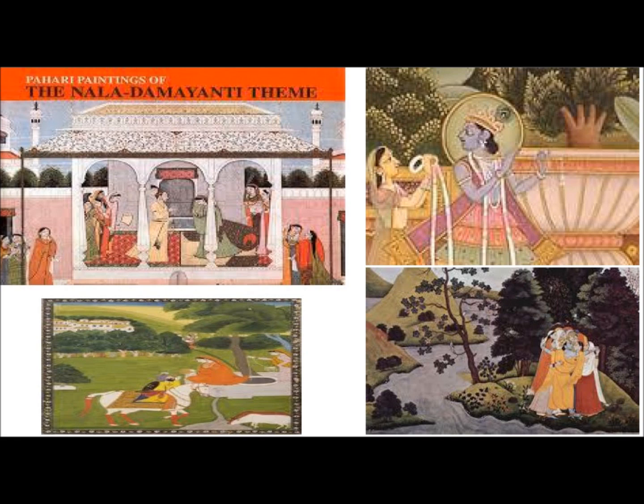And Abhisarika Naika, in this way there are different kinds of Naika Bheda. Naika Bheda means the representation of the romantic mood of a heroine, and there are 8 different kinds as mentioned by Bharata Muni in Natya Shastra, and these Naika Bhedas are represented in Pahari painting.